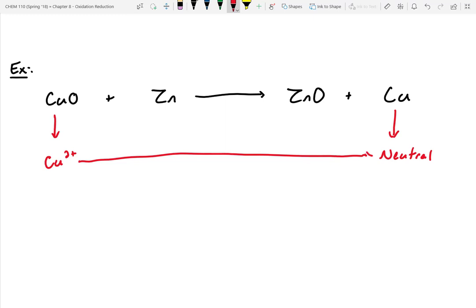So if we're following this, copper, did it gain or lose electrons here? Gained. So we'd say each copper gained 2 electrons. So copper was oxidized or reduced? Yeah, copper was reduced. All right, so we can highlight that. We can call that good. Now let's try the next one.